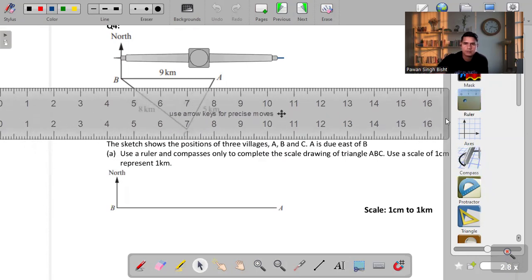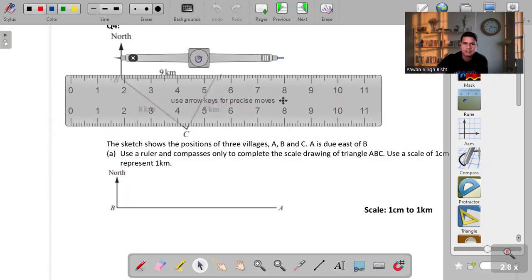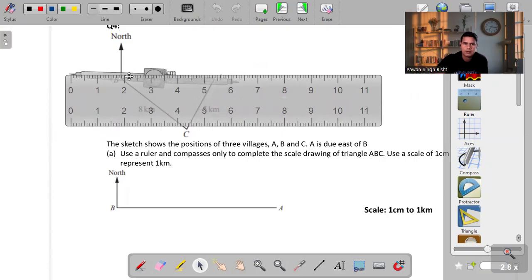Okay. So first you measure in your compass a 5 centimeter length. From here, this is 0. Measure your compass until 5 centimeters.